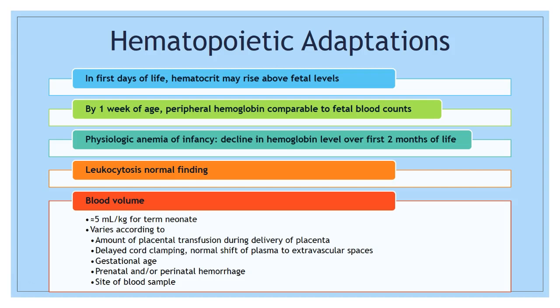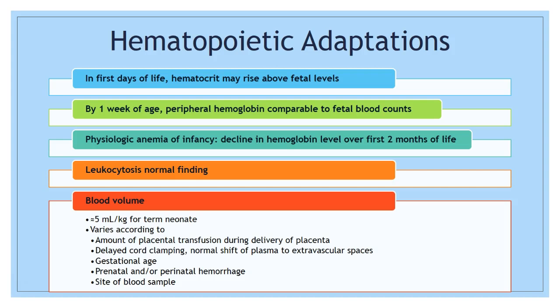All right, so let's talk about blood adaptations. In the first days of life, the hematocrit may rise above fetal levels. And by 1 week of age, the peripheral hemoglobin is comparable to fetal blood counts.